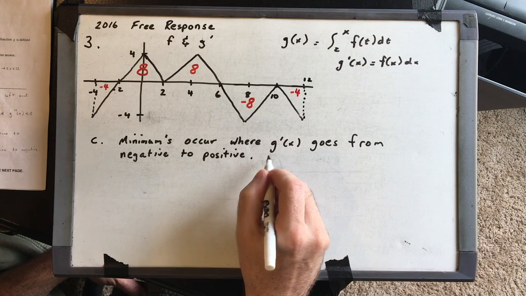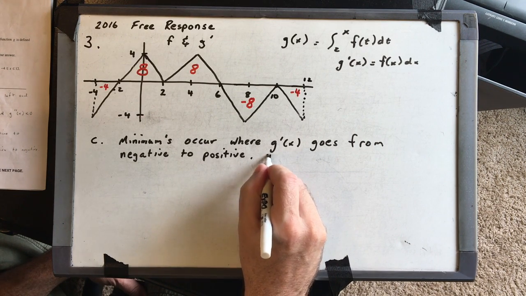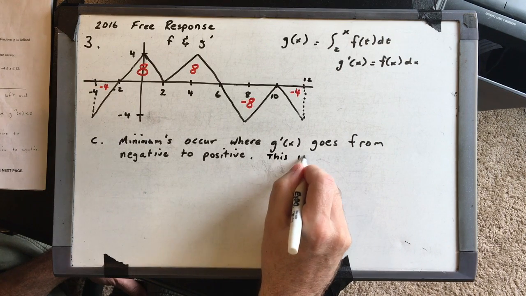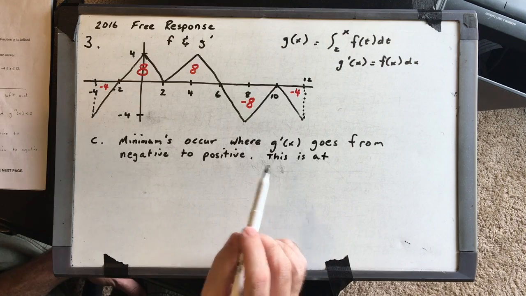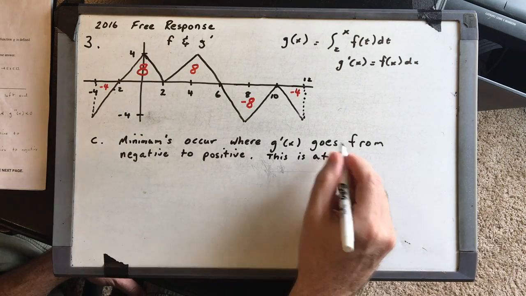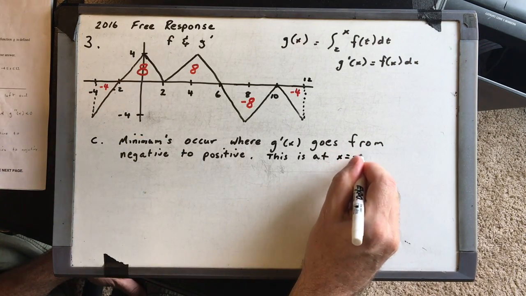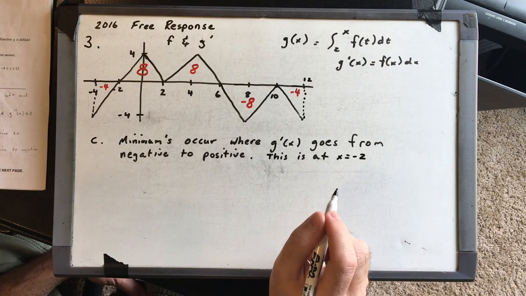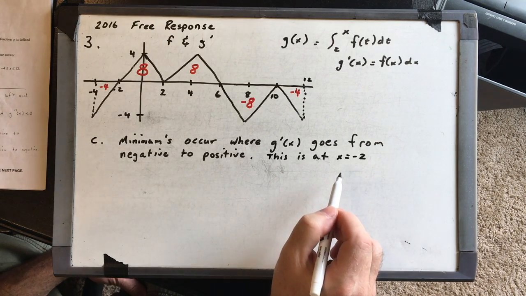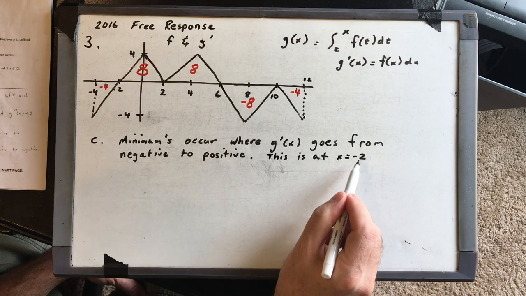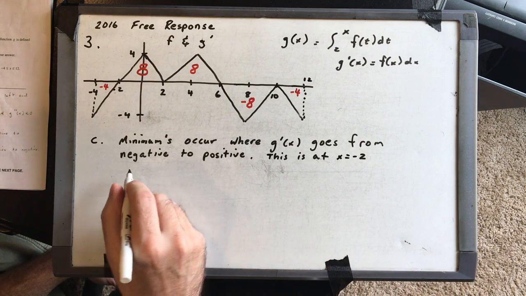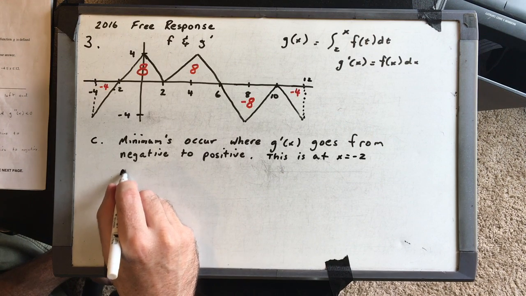Okay, so we know we've got a minimum. Where does it go from negative to positive? At -2. Okay, now that's not the answer they're looking for. They want the absolute min and max. So I've got to get the y value there. But that's my justification.